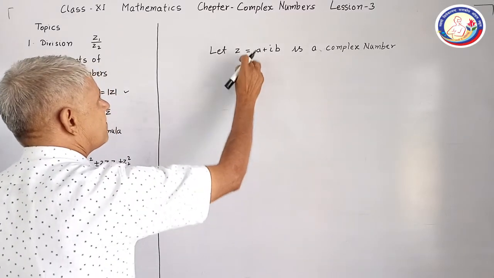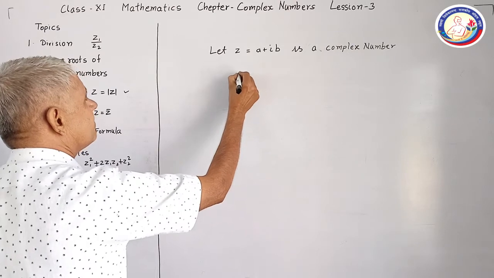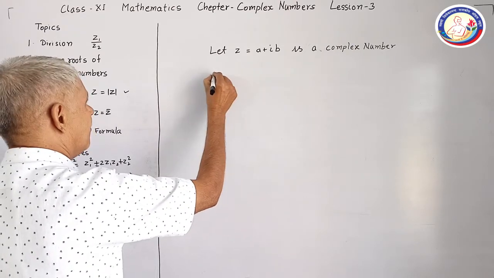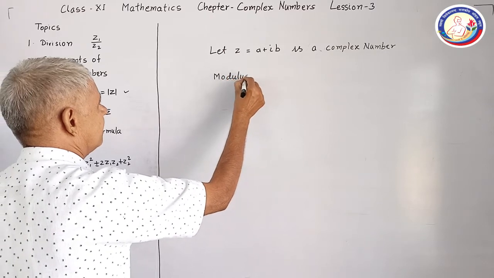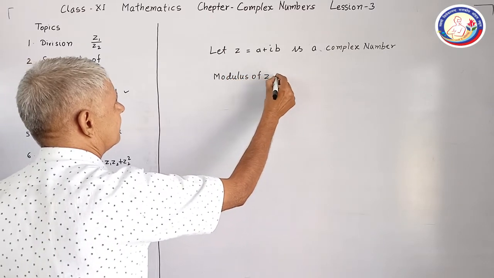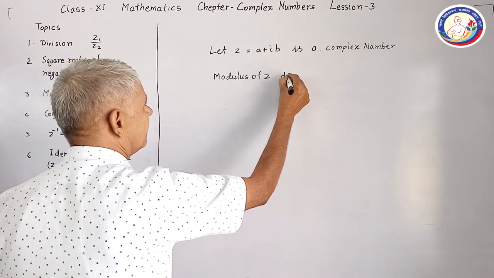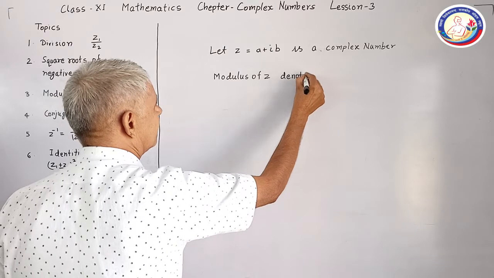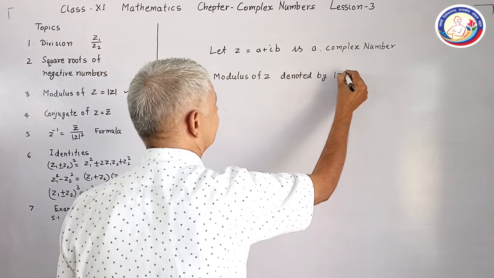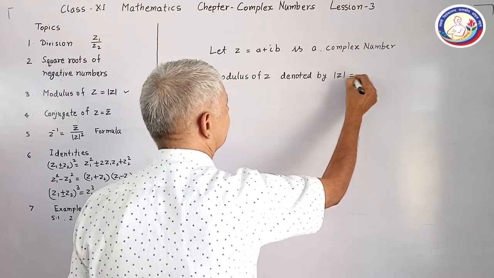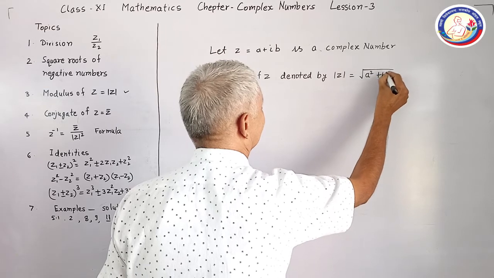Then the modulus of z, denoted by this symbol, is equal to square root of a square plus b square.